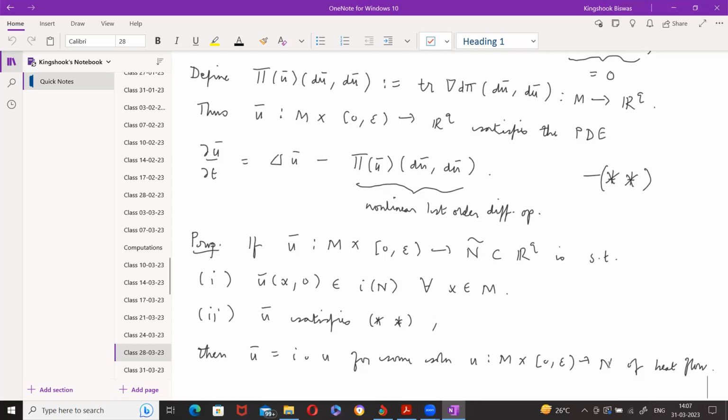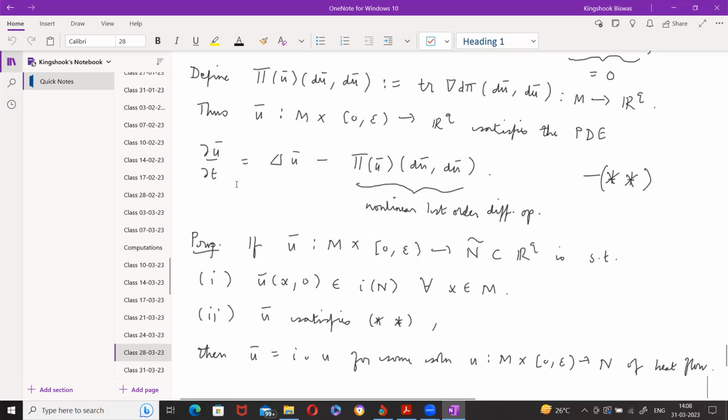So then the point is, we get a one-to-one correspondence between solutions of the harmonic map heat flow and solutions of this PDE, which now has the advantage that it takes values in a linear space, R^Q. And there we can use some techniques of linear parabolic PDEs.